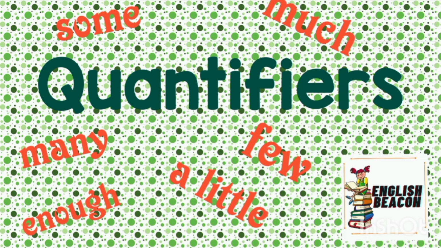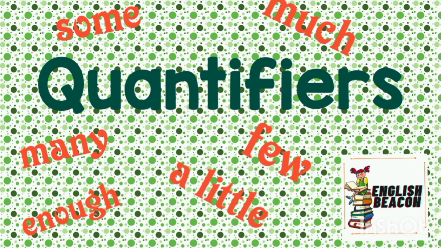For example, some, much, little, many, few, etc. All. So these determiners do not indicate any specific or certain number, but the quantity or amount of different things.